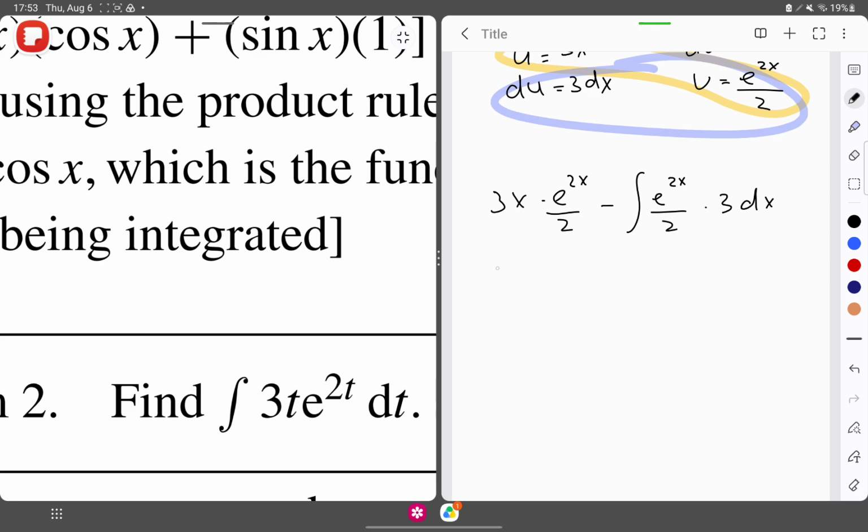Okay, no, just let me write this. 3x over 2 times e to the power of 2x minus simply 3 over 2 times e to the power of 2x over 2 plus c.